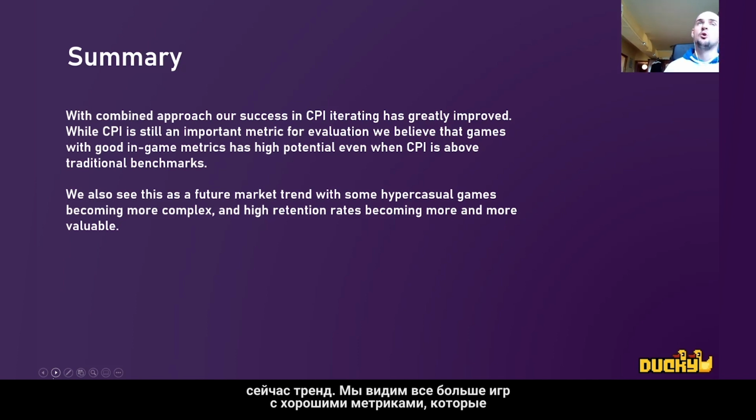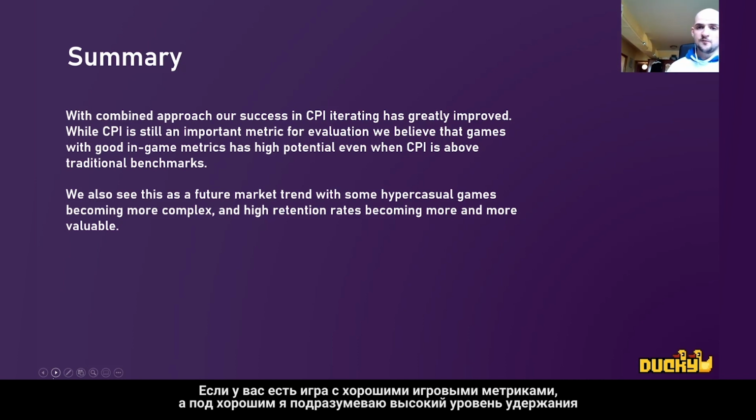We see more games with high in-game metrics being published on the market, even despite the high CPI, even despite that CPI might be closer to $1 in some cases. And so we believe that in-game metrics are becoming more and more important over time on the market, and we are not considering CPI now as much of a problem as we used to.